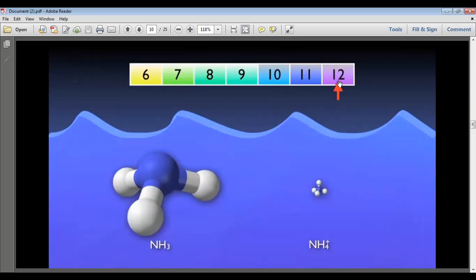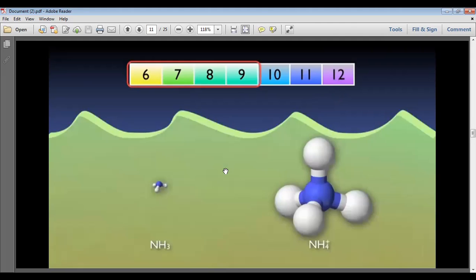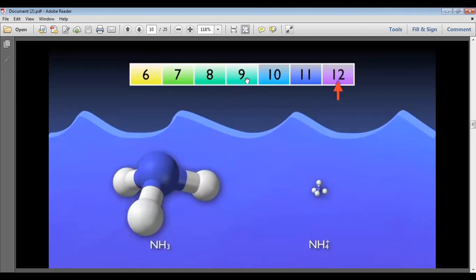When the pH reaches 12, you will observe ammonia gas. If the pH is lower, the ionic ammonia will be in higher form. If it is acidic, ammonium ions will be seen, and if it is basic, you will see only ammonia gas, not ionic.